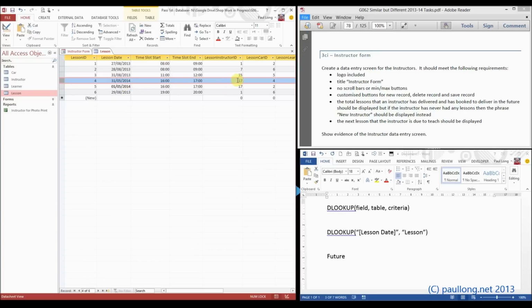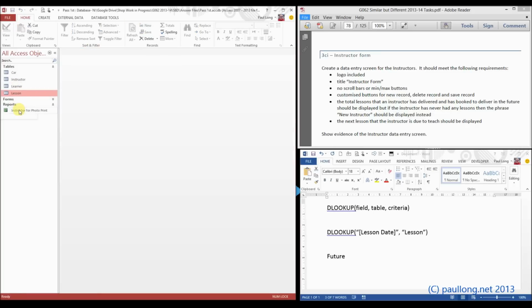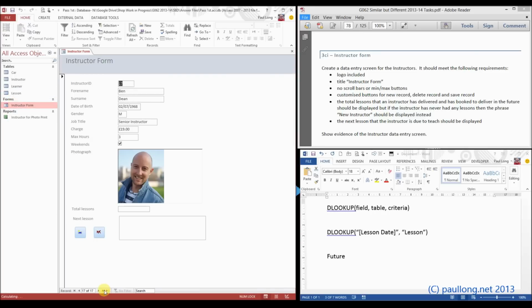Well, the criteria is that it must be Instructor 17 and it must be after today's date. So it will find the 31st of May. Now if I close these down and open up the form again and go to number 17, you'll see that it's still showing 31st of May 2014, even though we know the next lesson is the 1st of May 2014.